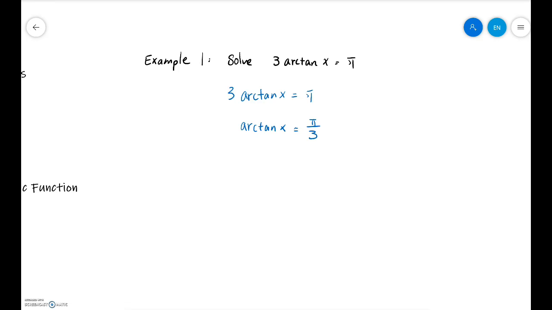The right hand side of the equation is pi over 3, which is an angle, and x is actually a number. So I can rewrite the inverse function as tangent of pi over 3 equals x. Then x equals square root of 3. And that's the answer for the first example.